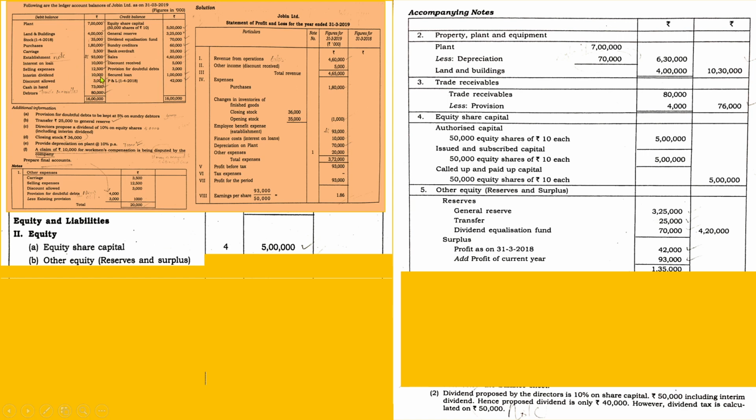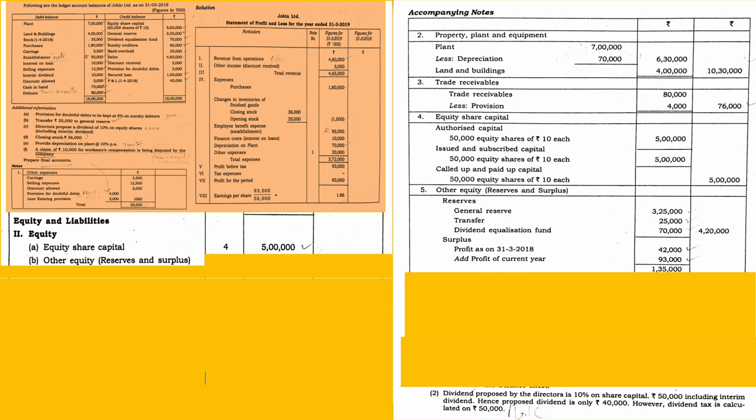So as a dividend, the directors agreed to provide rupees 50,000 to shareholders. Out of this rupees 50,000, 10,000 relates to interim dividend, and the remaining 40,000 is only considered as proposed dividend. Proposed dividend and interim dividend both are different.